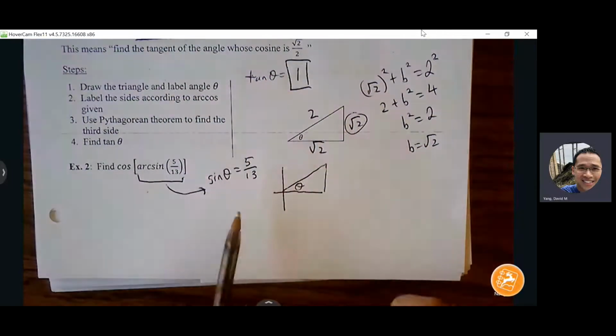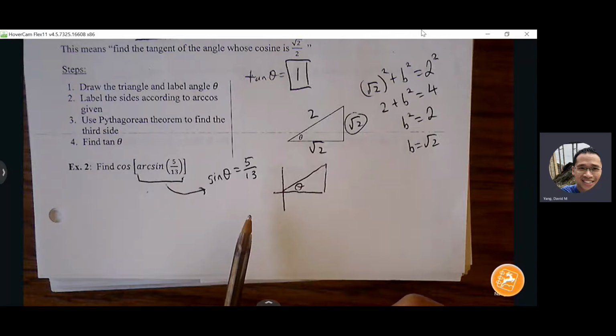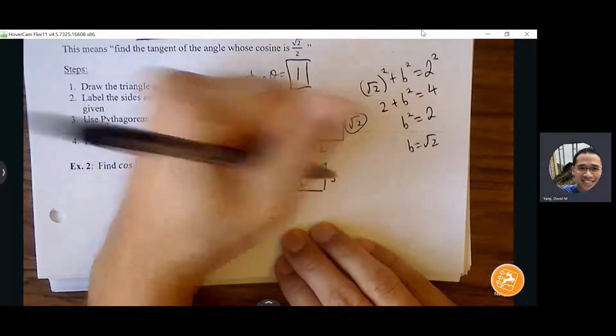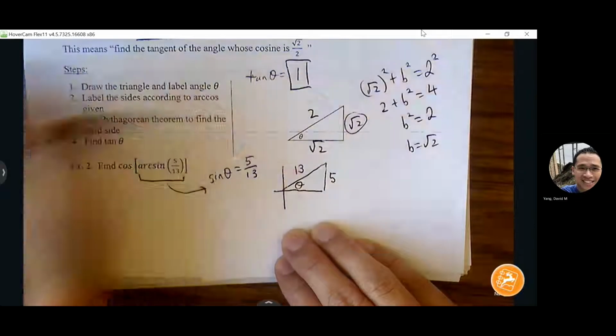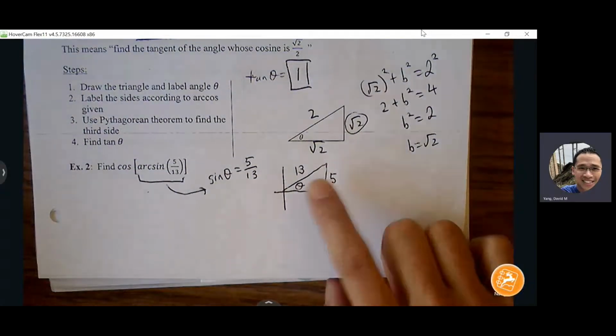Sine of theta, where does 5 and 13 go? A squared plus B squared equals C squared.